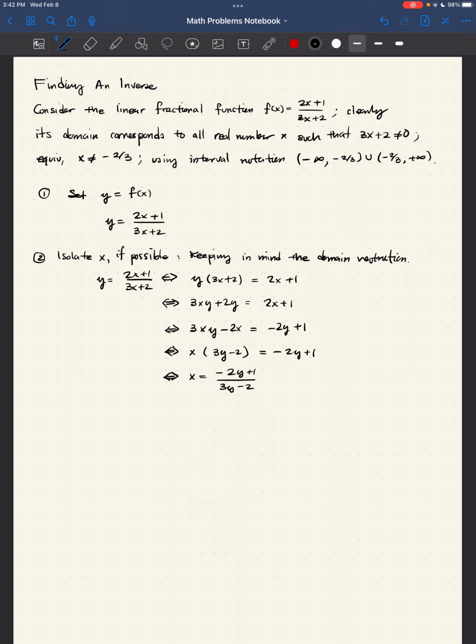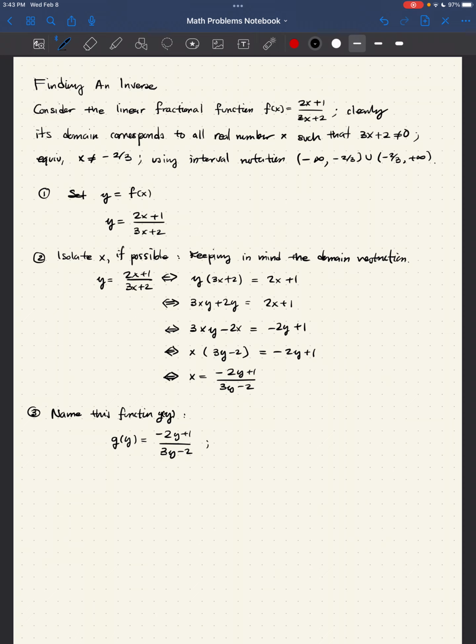So, we're going to name this function, which would be a function g of y. In other words, for this case, we would have g of y is equal to negative 2y plus 1 over 3y minus 2.